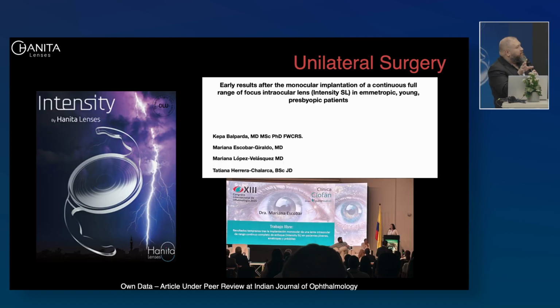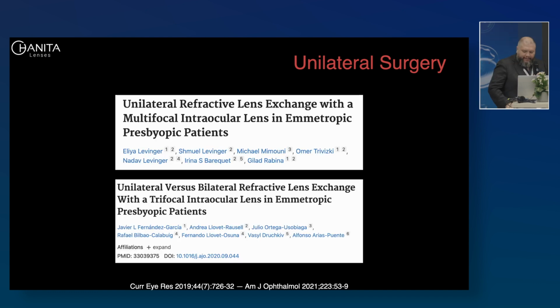And last, just to finish, I've got 3 minutes and a half. It's unilateral surgery. What I've done, and this was presented in Colombia a couple of weeks ago by one of my residents, is that when we have relatively young patients, about 50 or something, that are emmetropic, that see excellent for far vision, they do not need any kind of correction for far, and they just want to improve near vision.